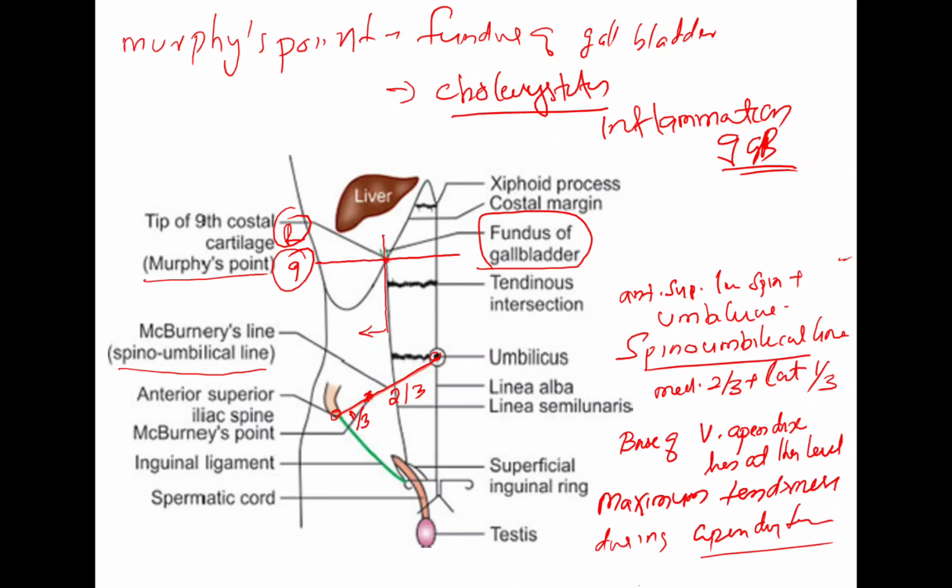Palpation for Murphy's sign while the patient takes a deep breath elicits tenderness in acute cholecystitis; the patient feels pain at this area. That was the surface landmarks, the structures felt on the anterior abdominal wall.